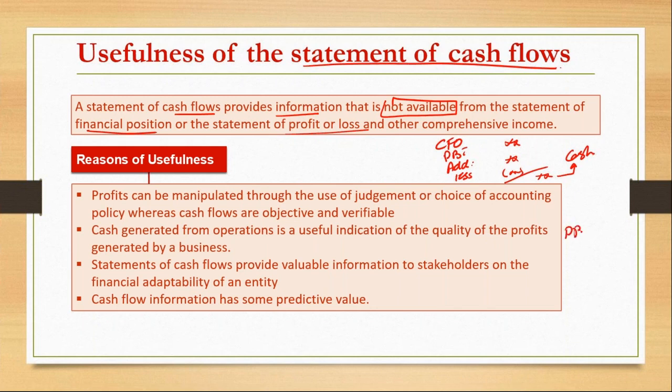Let's suppose my profit before tax was 100 million, but my cash flow from operations is only 10 million. This means that the quality of profit that we are earning is not good enough. We are not able to convert our profits into cash.